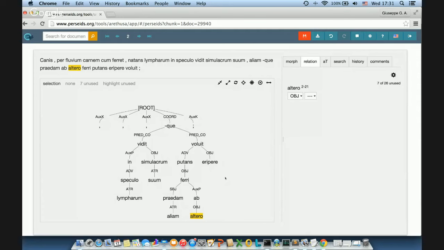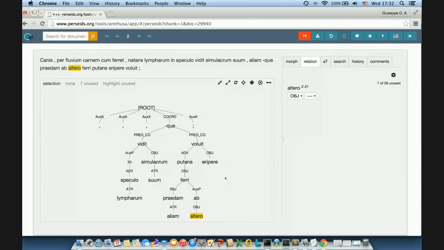This is what we call an argument. It is an argument of the verb go, and this is what we label as object. Unfortunately, in linguistics, sometimes you use different labels for the same or very similar concepts.